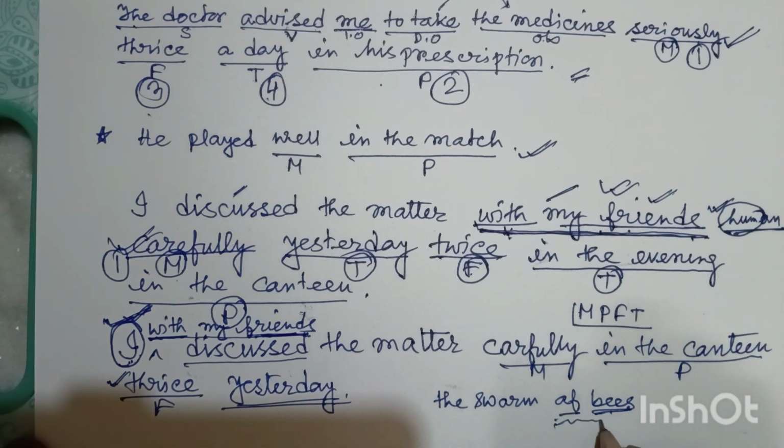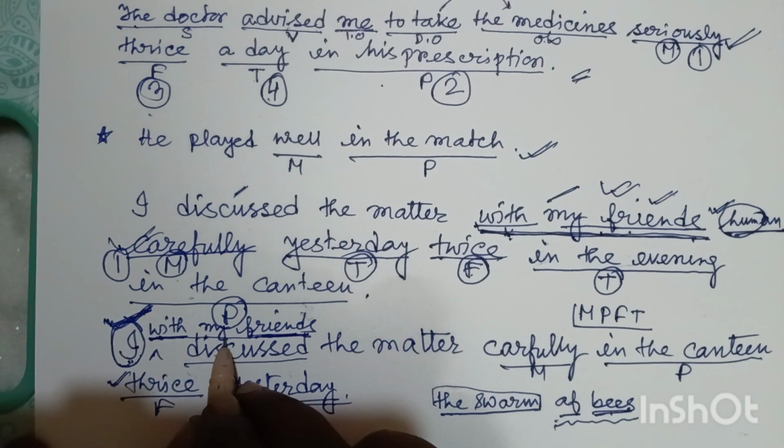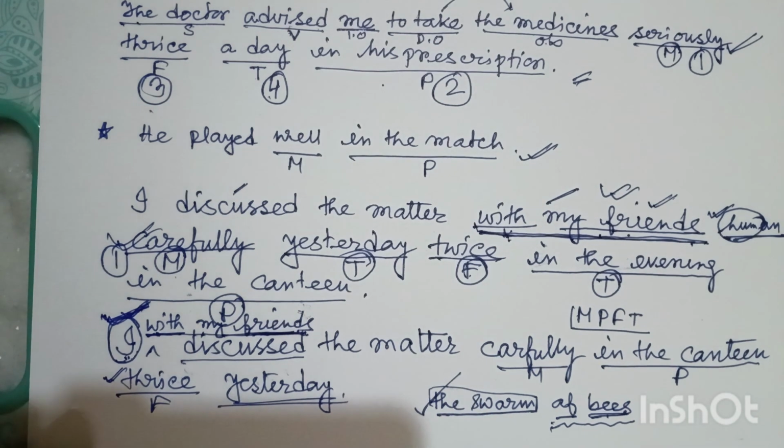So in case of agreement, this part is useless. Agreement will be done according to this subject. Here it is the same thing. I with my friends. So in case of agreement, this I is important, this one is not important. Just like this one. My dear friends, I think you can understand the situation.